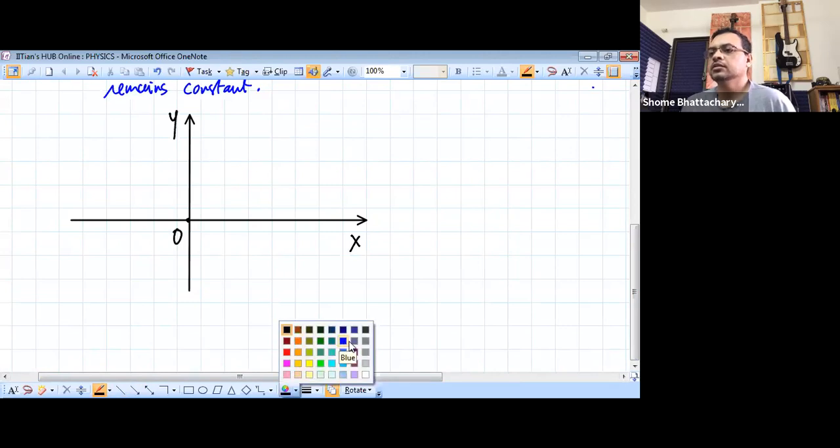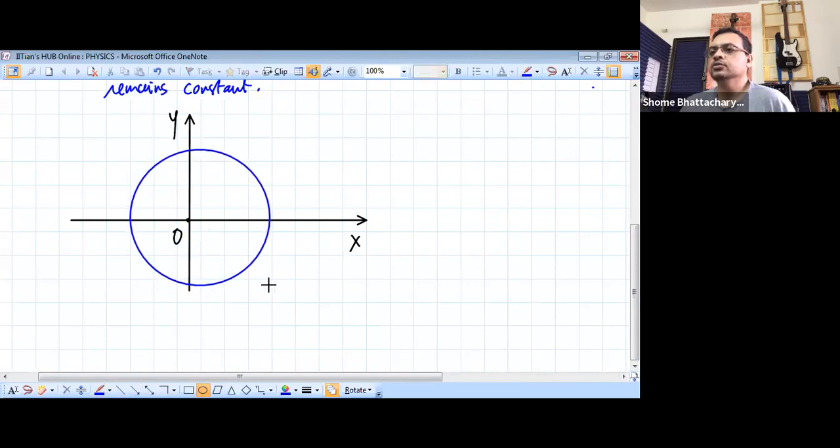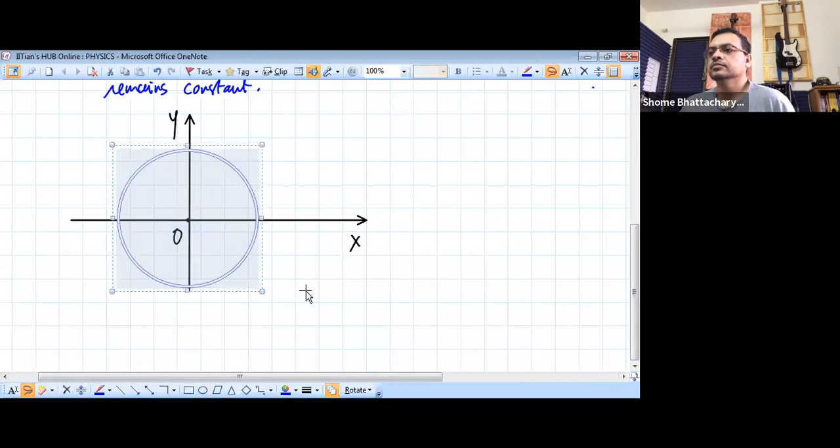And then the path can be described by this kind of a shape, which in geometry we call a circle. For example, the path could be like this. And this is the radius of the circle.